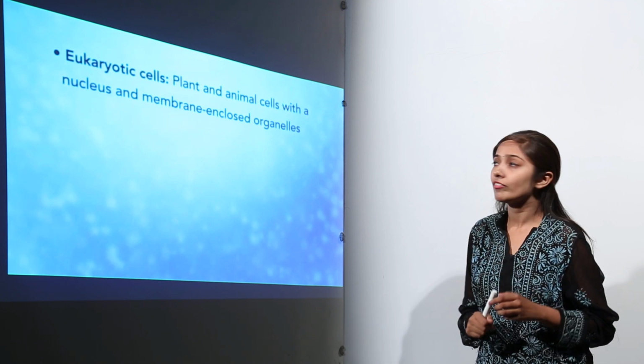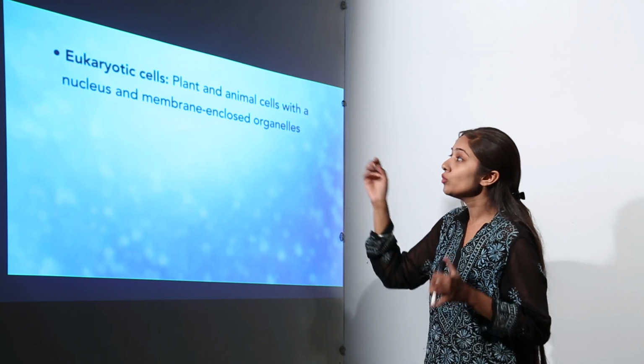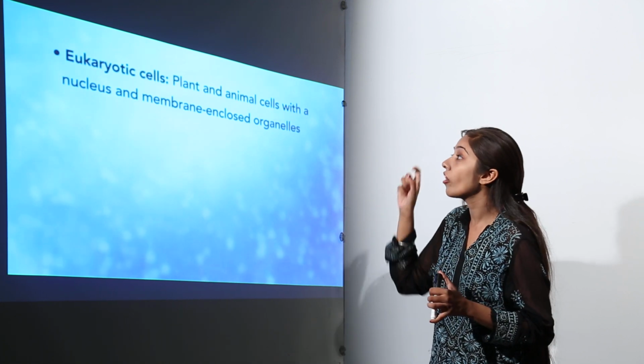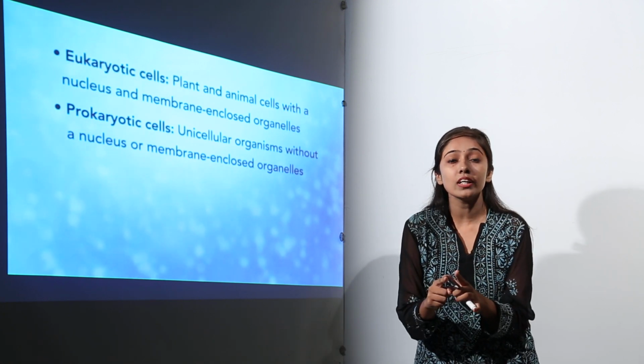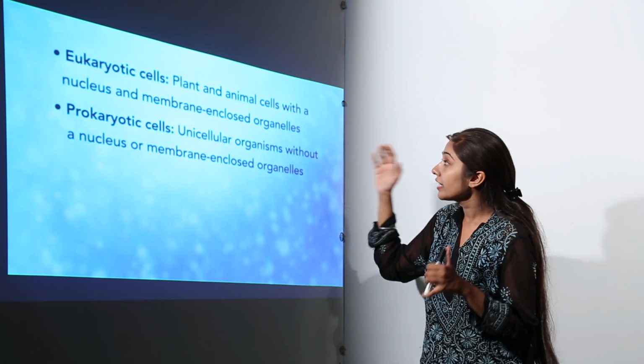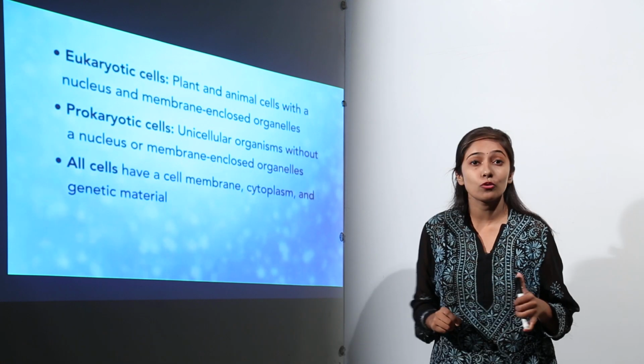Now let's summarize what we have read. Eukaryotic cells, these are the plant and animal cells with a nucleus and membrane enclosed organelles, right. So in eukaryotic cells we have a well organized nucleus and well organized organelles that have membranes, but these are not in prokaryotic cells.